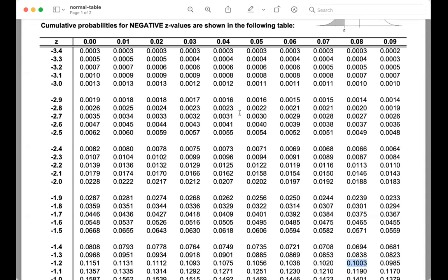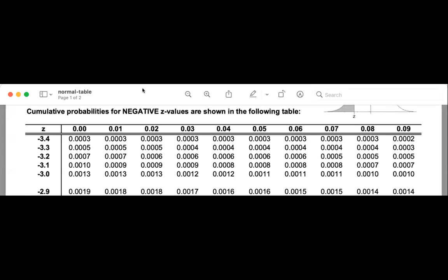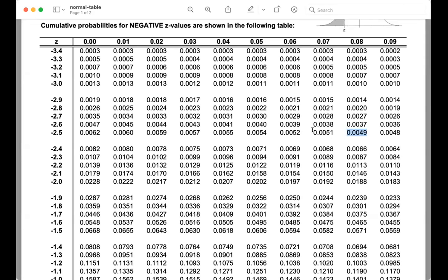We can just choose this value here. Sometimes you could go in between, but if you had more digits in the table, I think it's this value.